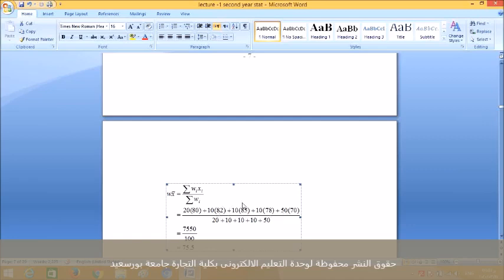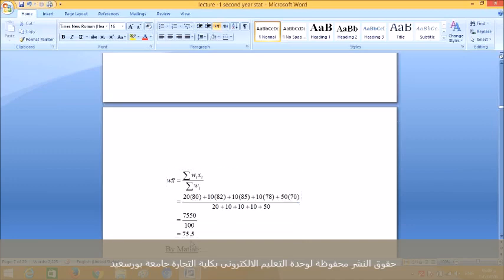All of these multiplications must be collected together and divided by the summation of weights. Summation of weights is 20 plus 10 plus 10 plus 10 plus 50. Okay, all weights equal 100. So the summation of the numerator is 7,550 divided by 100.